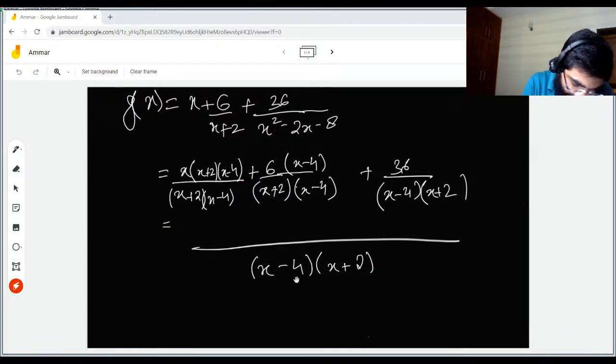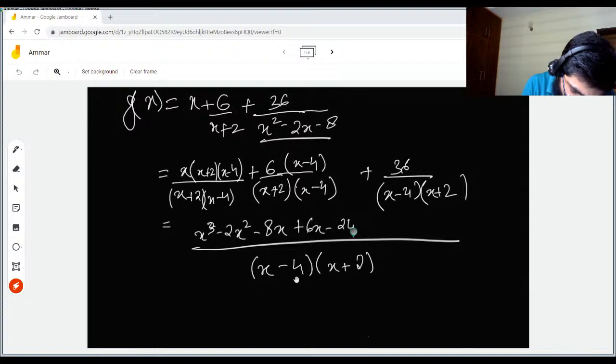It would be the same as this one, plus I have to multiply it with x. So x cubed minus 2x squared minus 8x, then plus 6x minus 24, and then plus 36.